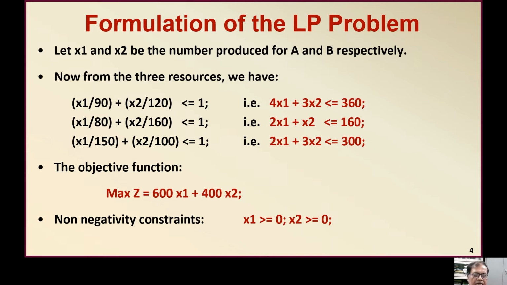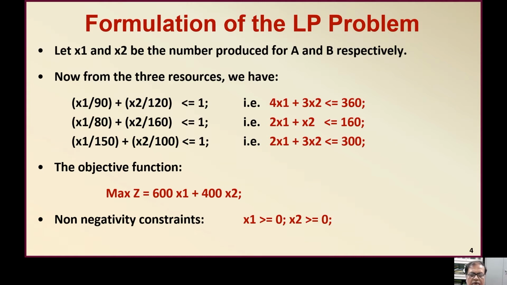So these are the three constraints, and the objective function we have already discussed, that is maximize z equal to 600 x1 plus 400 x2, and finally the non-negativity constraints x1 greater than or equal to 0 and x2 greater than or equal to 0.